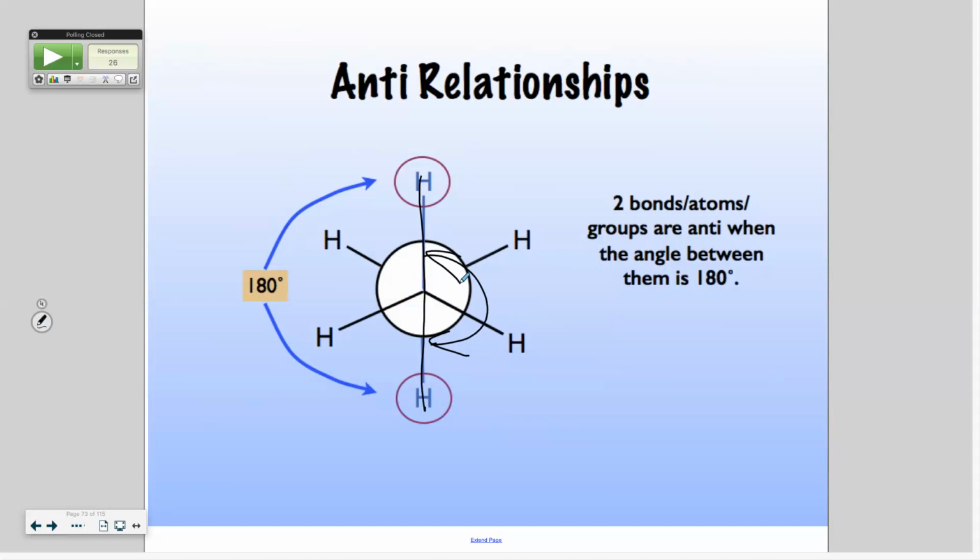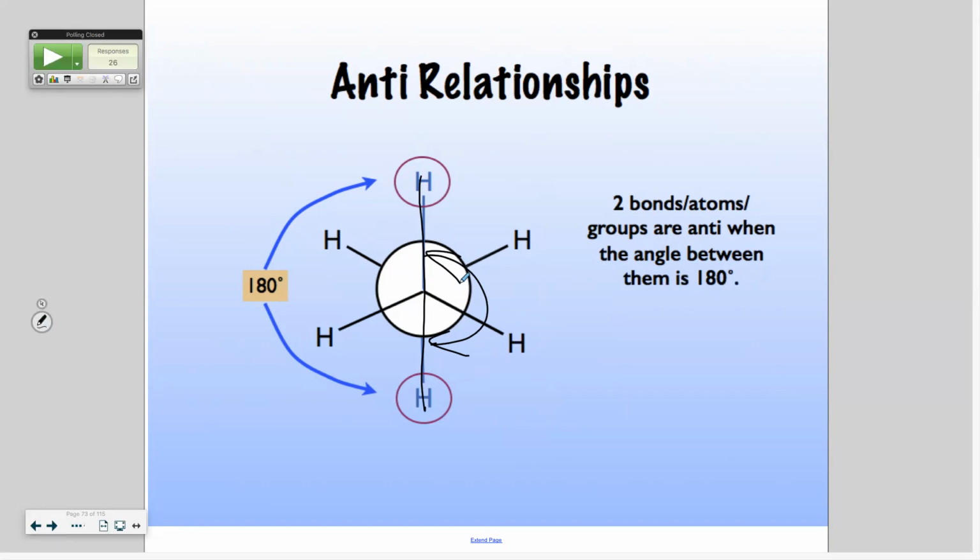I'm going to make them colored. I'll make them red, or I guess they're kind of orange red. So you see that they are 180 degrees from each other. We call that anti. These two hydrogens are anti to each other.